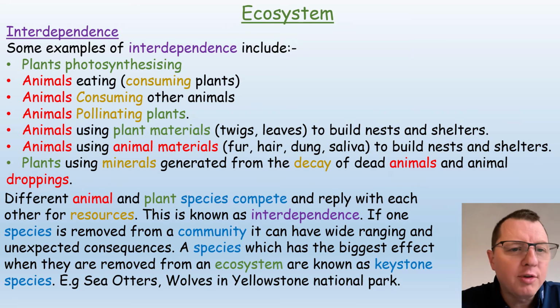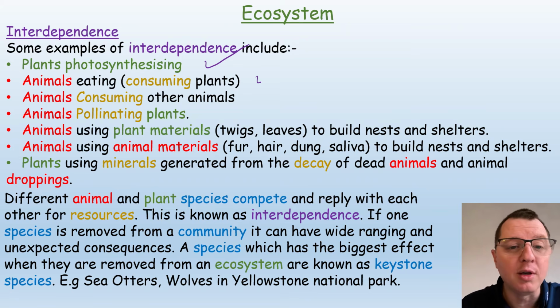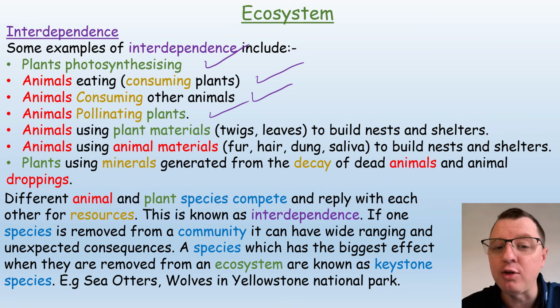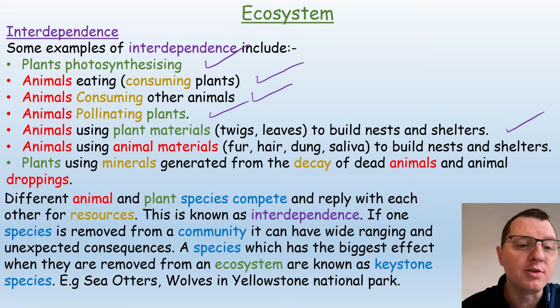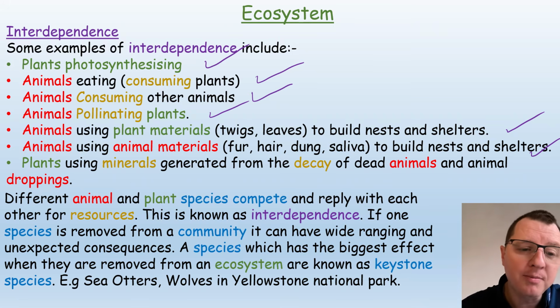So there's lots of examples of interdependence within an ecosystem. Plants photosynthesizing, animals consuming other plants and each other, animals pollinating plants, animals using plant material like twigs and leaves to build nests and shelters, animals using material like fur and hair and dung and saliva to build nests and shelters, plants using materials generated from the decay of dead animals and animal droppings.